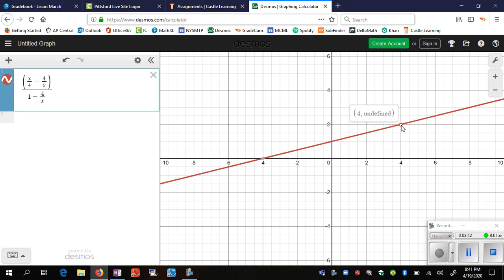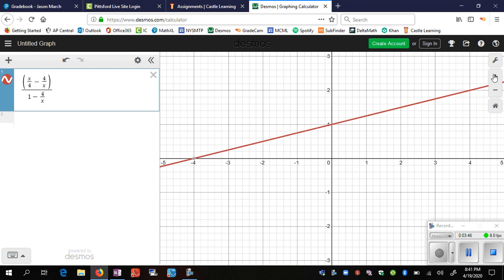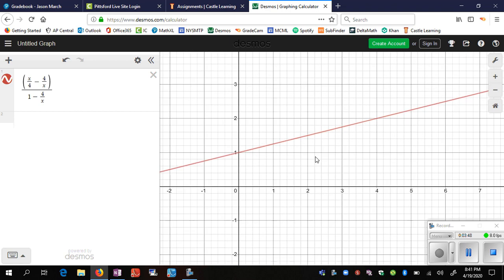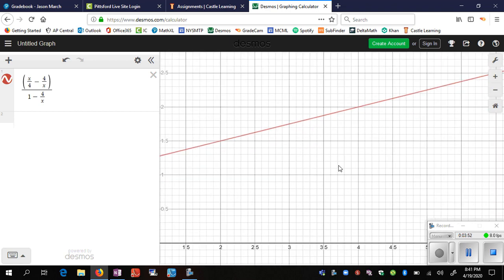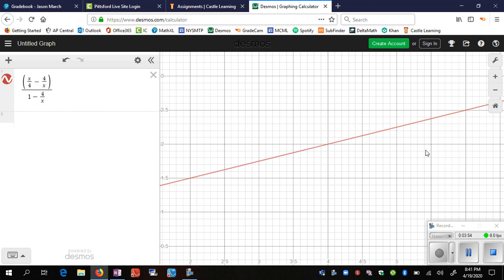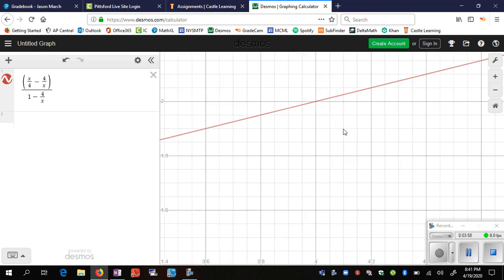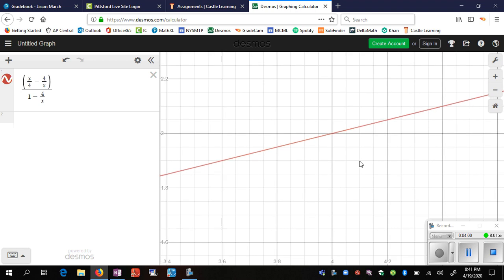Now, if I'm not clicking on it, it just looks like your standard graph. And if I zoom in on that point, no matter how close I get to x equals 4, the pixels across the screen are going to fill in that gap, because I can get infinitely close to 4, and it's still going to look as though it exists at x equals 4.